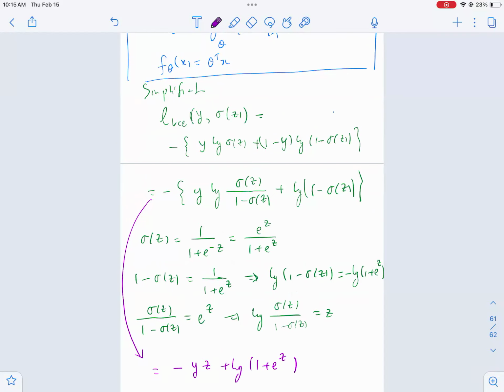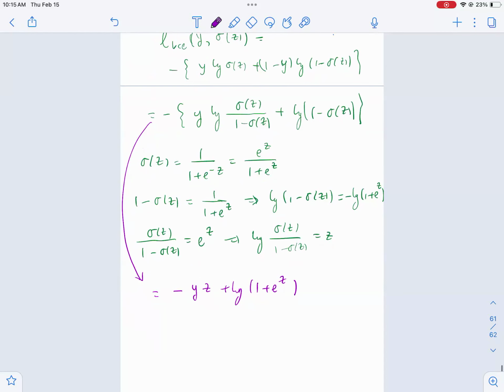I get a new loss, which I'm going to call the log loss of y and z. It takes y, and the second argument is no longer a probability, but has a different interpretation.